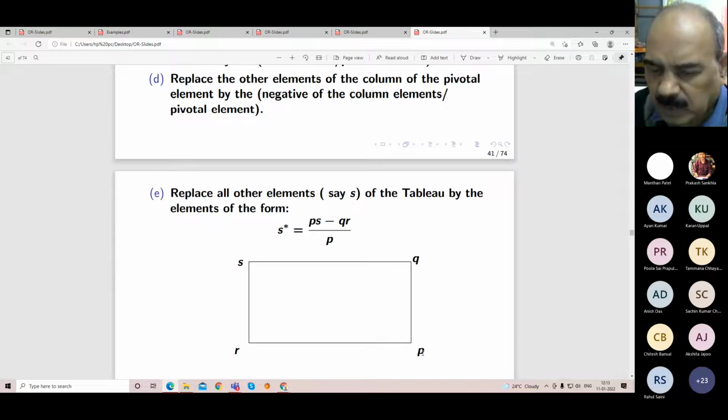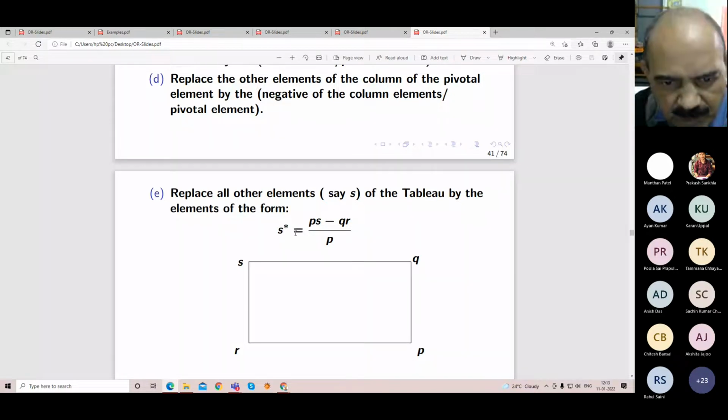P is our pivotal element. Let us form a rectangle. In the 4 corners, there are 4 elements. P is our pivotal element. In the opposite corner to P, there is an element called S. The other 2 elements you can name Q and R. If you are calculating the value of S in the next table, it will be S dash or S star.